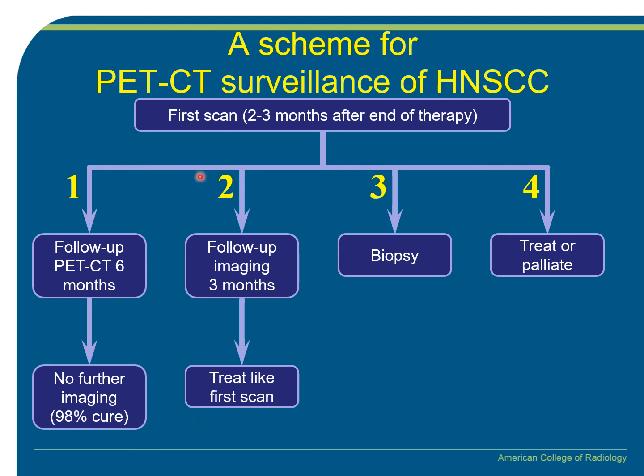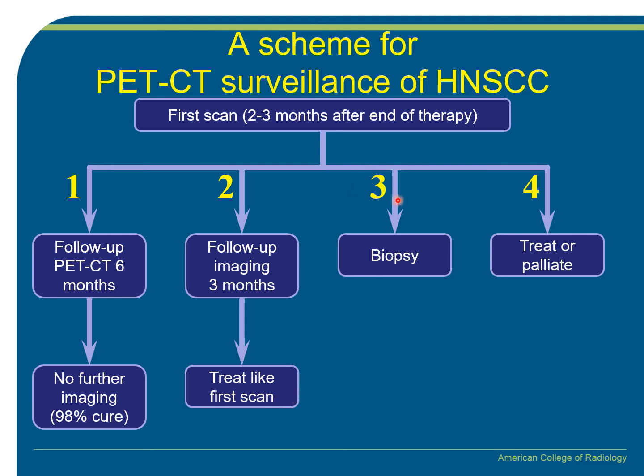What if the first scan is a 2? Well, if the first scan is 2, then we follow our routine surveillance with follow-up imaging in 3 months, and the patient gets plugged back in with that second scan into these same 4 categories. So if the second scan is a 1, then we move to this 6-month follow-up, for example.